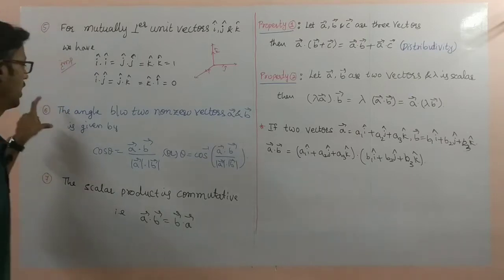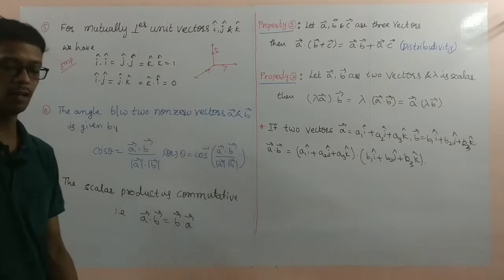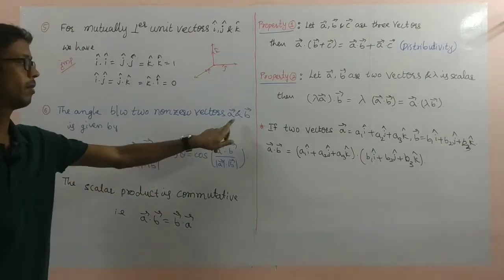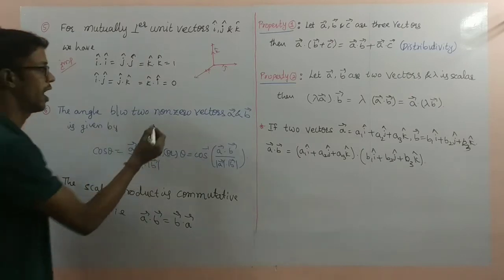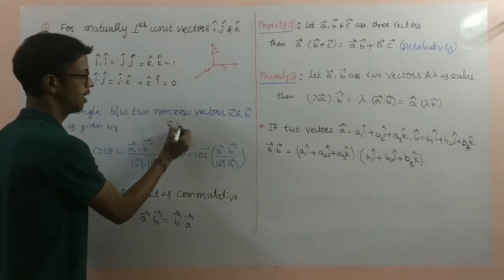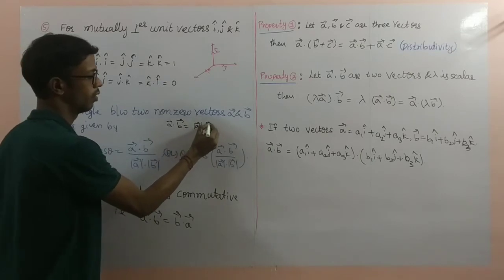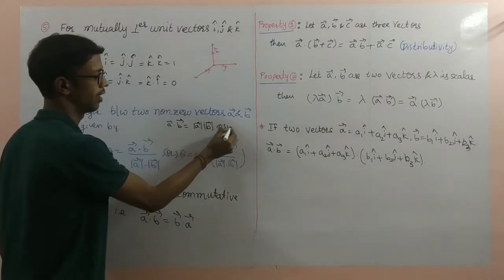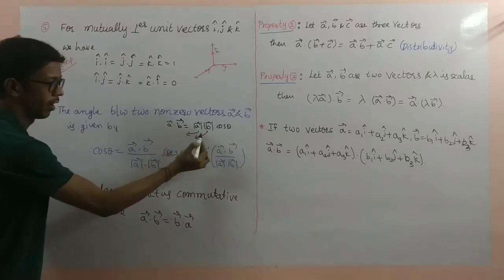Next, point number 6. The angle between two vectors A bar and B bar is given by cos theta equal to, what is the actual formula? A bar dot B bar is equal to magnitude of A bar into magnitude of B bar into cos theta. So cos theta value is these two values in the denominator.